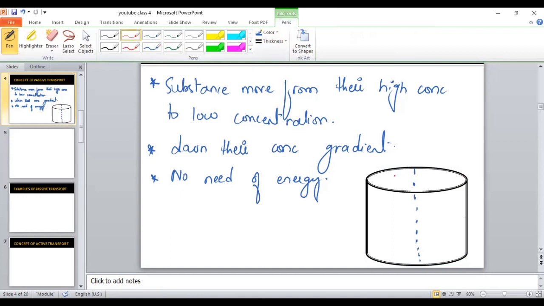This is region A and this is region B. Let's suppose this substance could be any substance. Let's suppose we are considering that this is oxygen. So oxygen is present in higher concentration here, in region B, while in lower concentration in region A. So what will be the direction of movement? From B to A. So substances move from their high concentration to low concentration, down their concentration gradient, and for this transport, no energy is required.